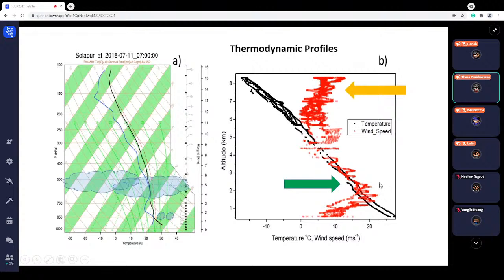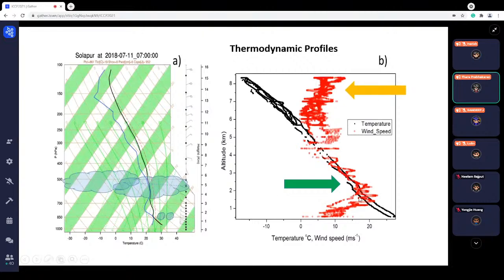One very peculiar characteristic is that we have a low-level jet. It is the monsoon low-level jet. This observation is with the aircraft, so you will see very high frequency measurements here. There are wind speeds up to 20 meters per second.